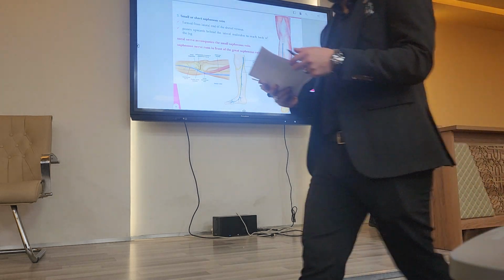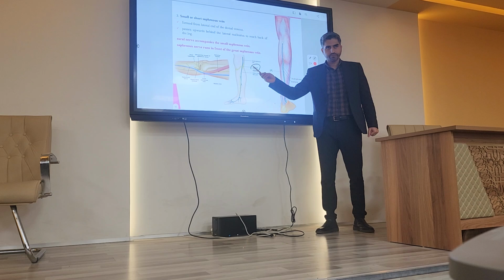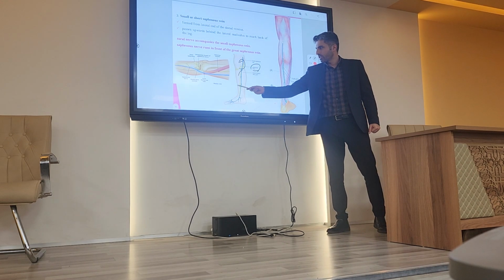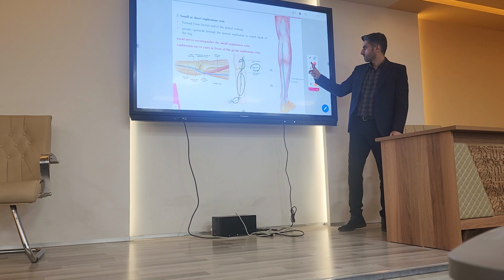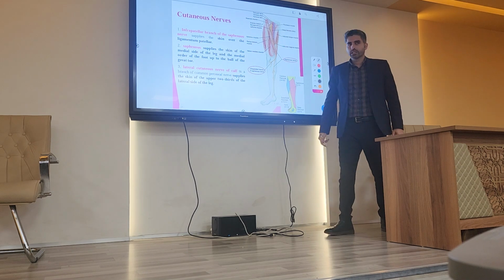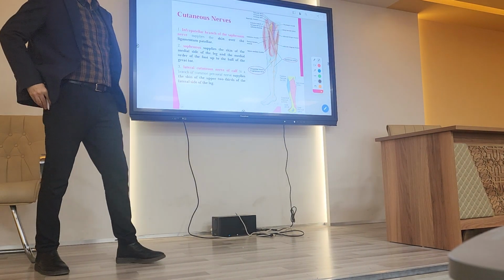So look at the great saphenous vein. You can see the saphenous nerve. Sensory nerve for the medial side of the knee, medial side of the leg, medial side of the foot. Anterior and lateral side of the leg, sensory innervation.